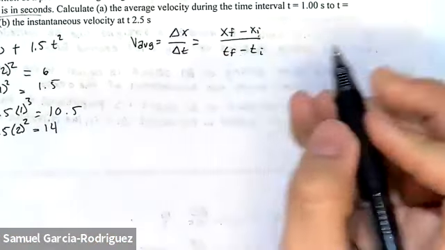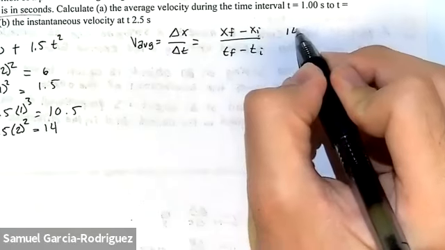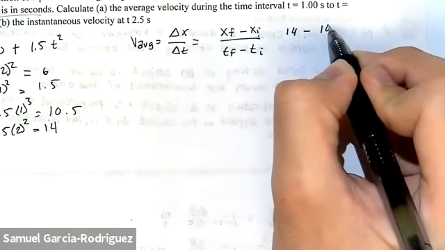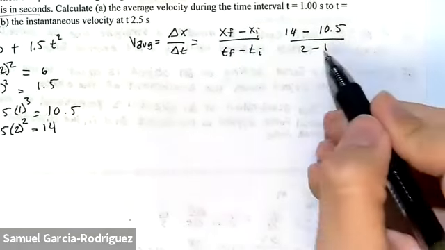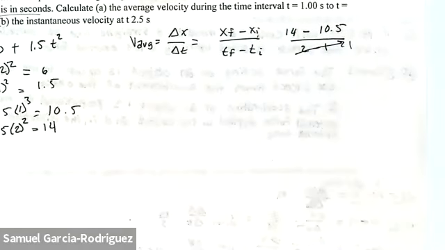Put that into this equation, so we get 14 minus 10.5 over 2 minus 1. So that's not going to matter, that's going to be 1. 14 minus 10.5, it's like what, 2.5? 3.5?